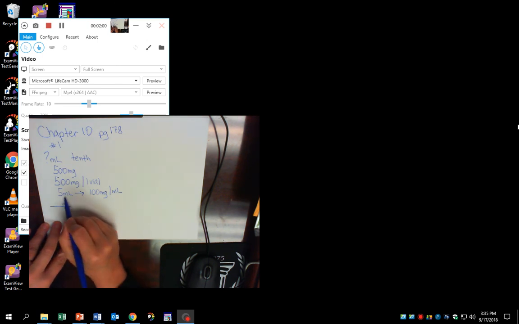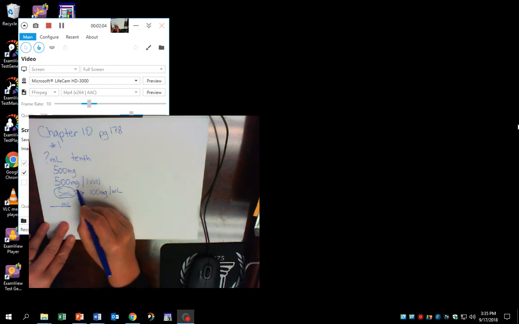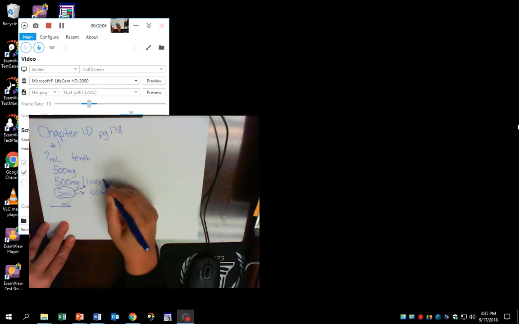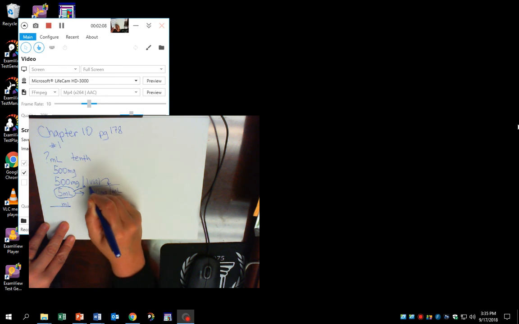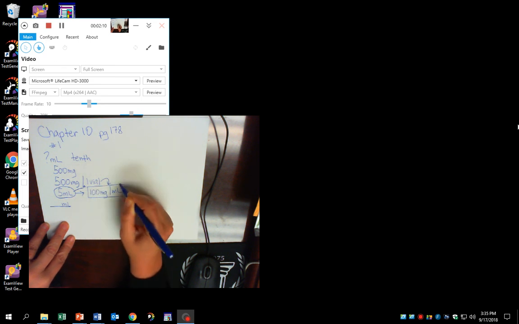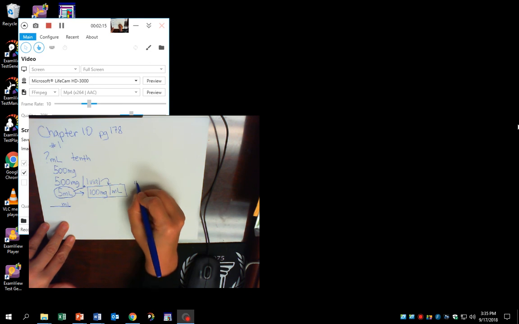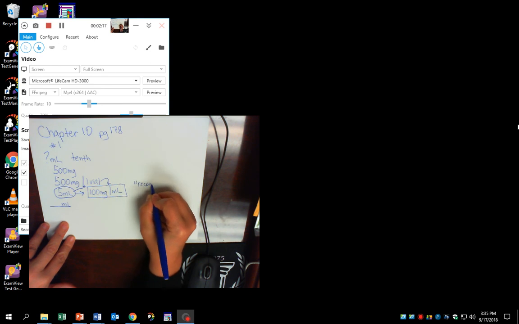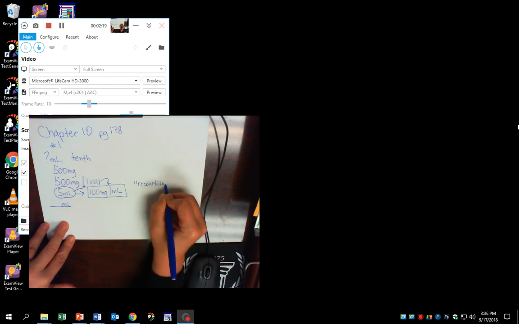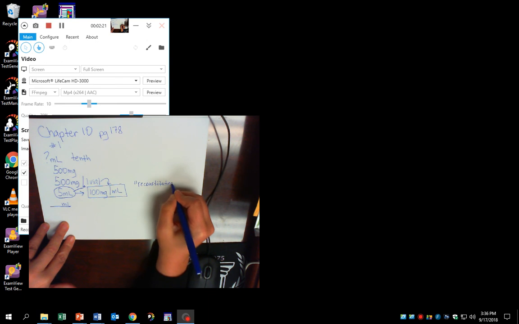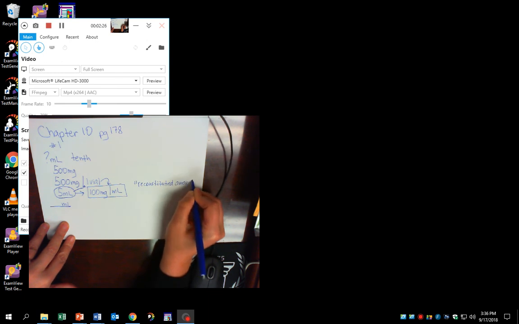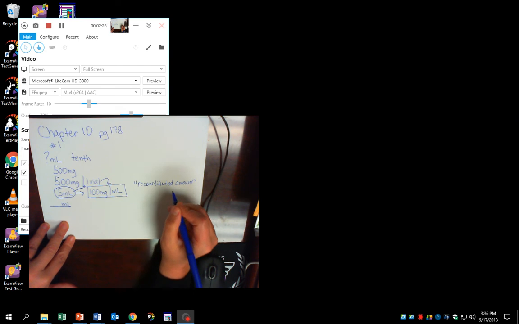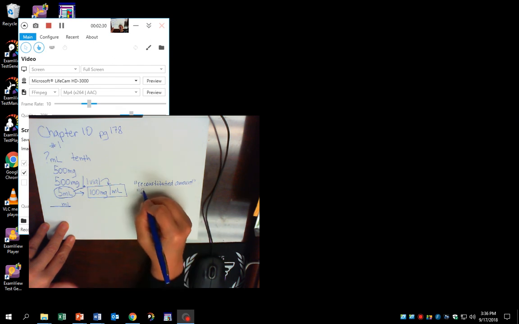reconstituted with 5 milliliters. So that means that we're going to put this amount into this vial to yield an amount of this. So this is what we are most concerned with, the reconstituted amount, or if it might say final concentration.